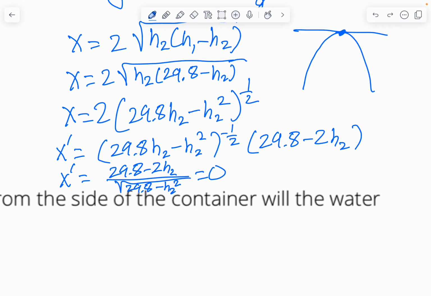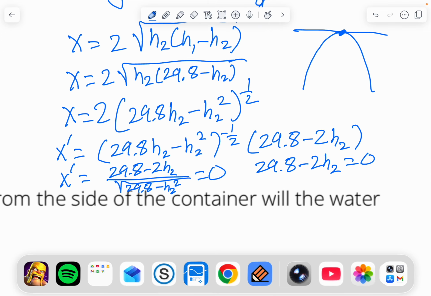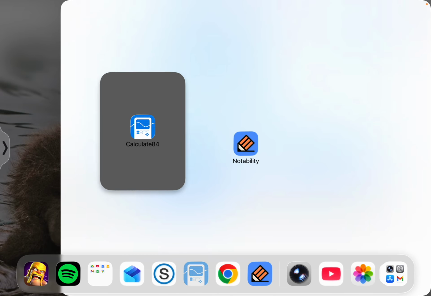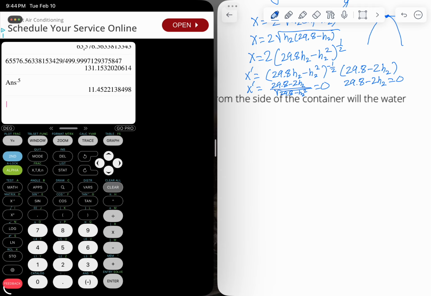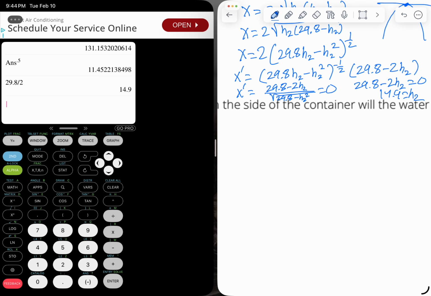That means the top is equal to 0. So 29.8 minus 2h2 is equal to 0. Then I'll subtract the 29.8 and divide by 2 on both sides. So 29.8 divided by 2. I got 14.9 is h2.